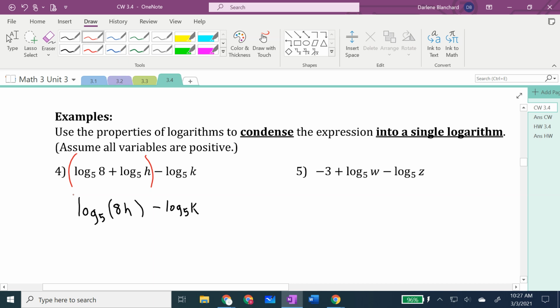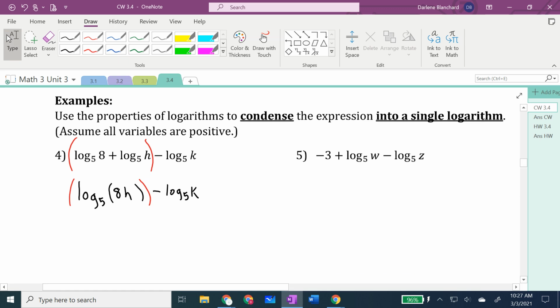And I'm just going to emphasize with these red parentheses what was affected. And now I have one last thing to do. I have a subtraction of two logarithms. That means I can condense.